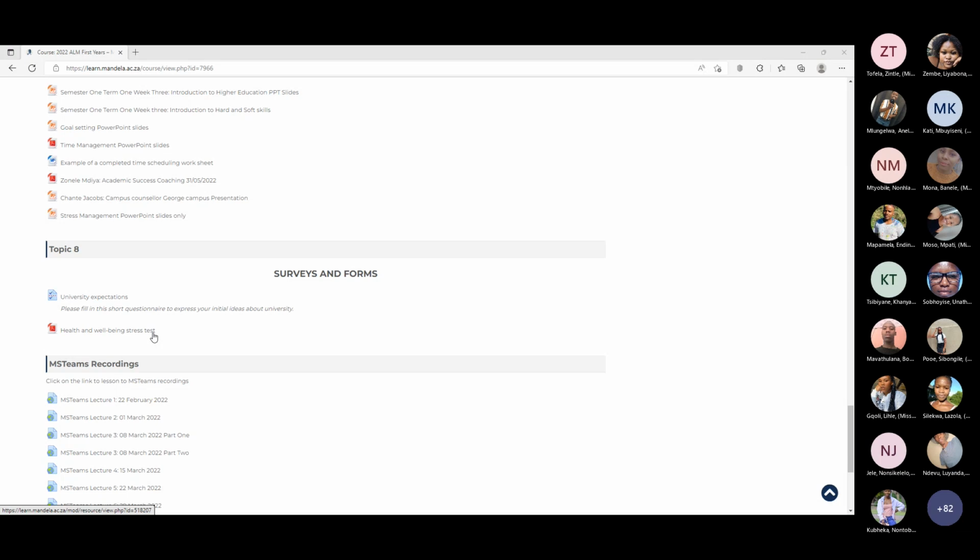So why not use the opportunity now, while at university, while all these support services from Zanele and Shante are free because you're a registered student. Make use of it as you build your theoretical basis. Build your skills base so that you can become more employable.